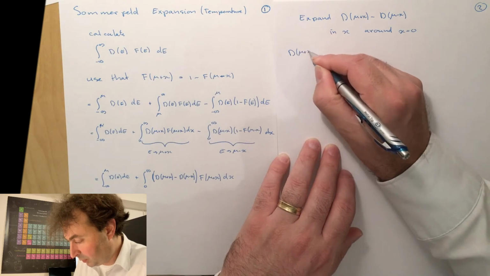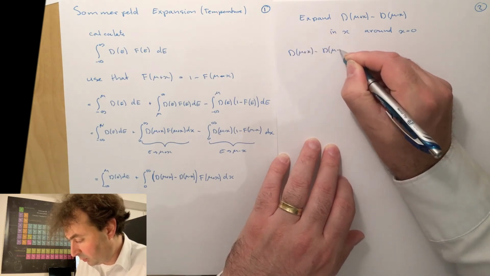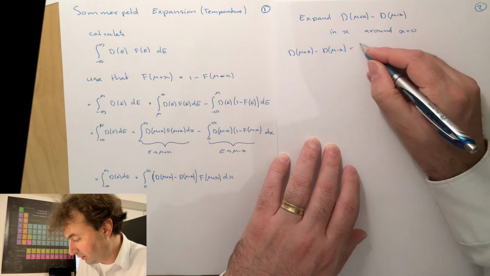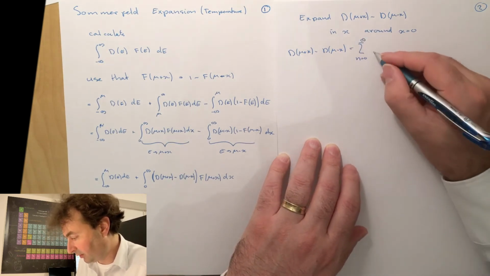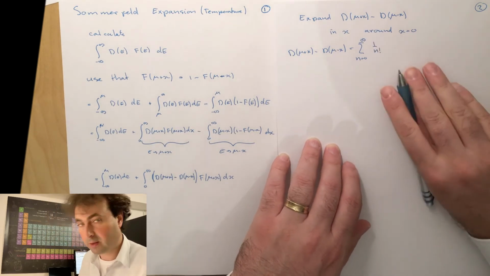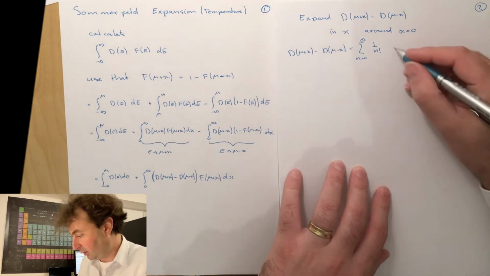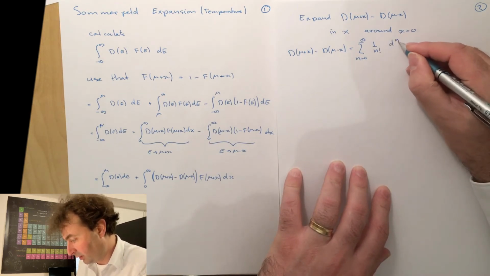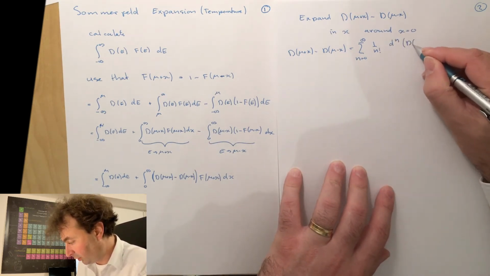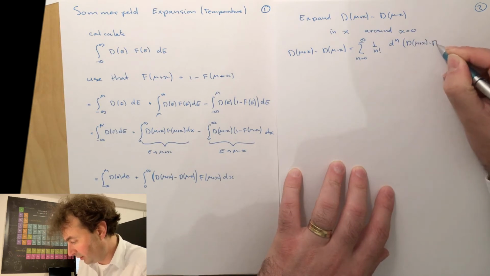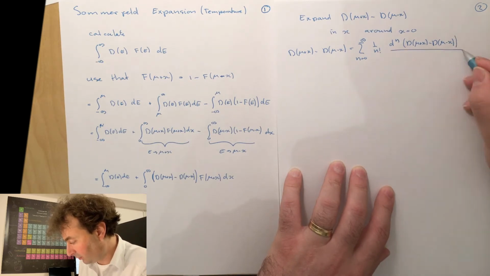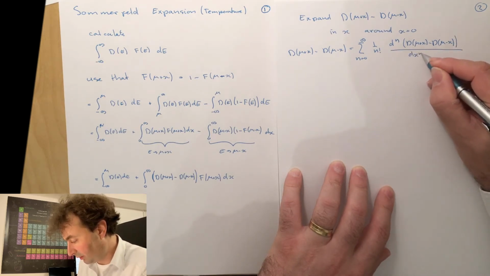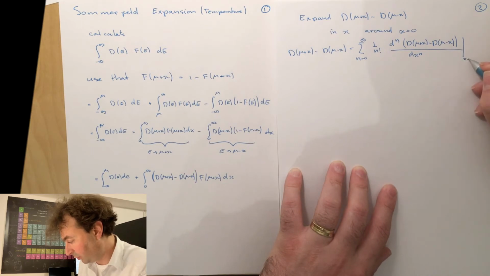So D(mu plus x) minus D(mu minus x) is given by the sum n is 0 to infinity 1 over n factorial. And this is just a Taylor series expansion. We take the derivative of D(mu plus x) minus D(mu minus x), and then the nth derivative with respect to x evaluated at the point x is 0, x to the power n.